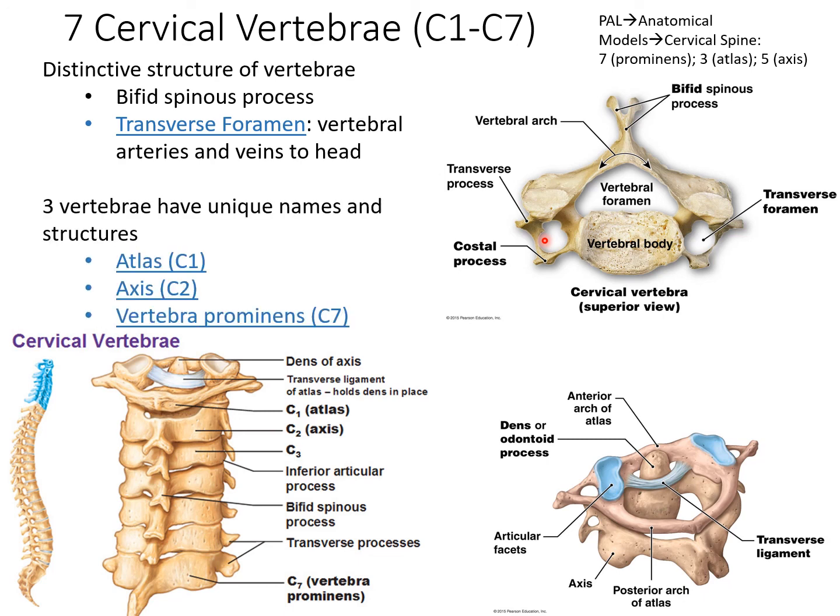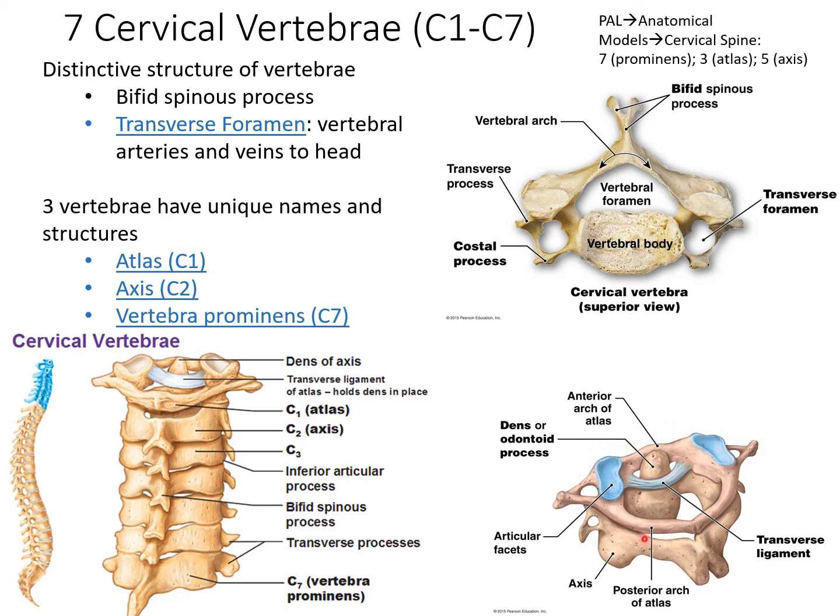Right. Finally, the cervical spine, C1 through C7, contains 3 vertebrae with special names. Okay, so vertebra C1, C2, and C7 each have a unique name: atlas, axis, and the vertebra prominens. Down here in the corner, we can see atlas and axis.